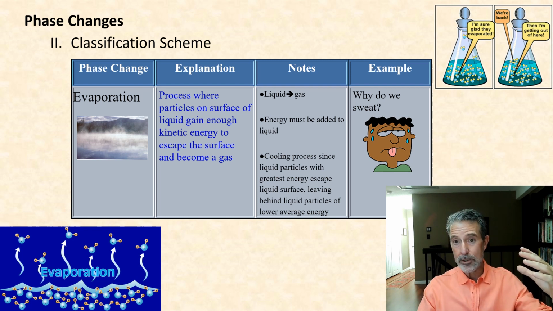And when this happens, the higher energy gas molecules leave the body, which leaves the overall body temperature a little bit less. The overall body temperature decreases when the fastest moving particles on the skin escape. That's why it cools down our body.